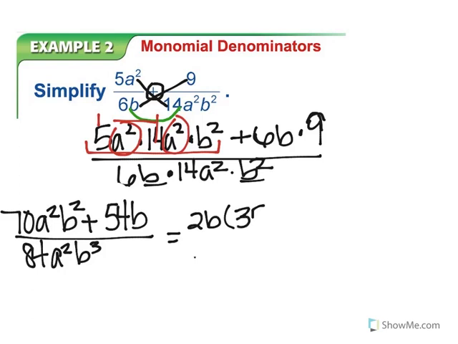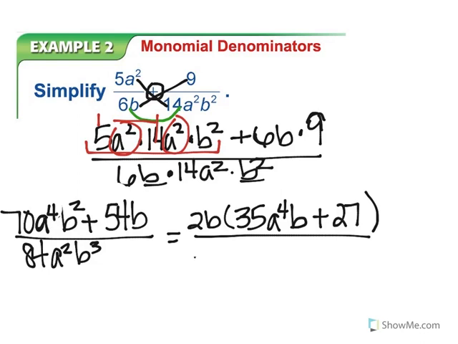That leaves me with 35a to the 4th, and 1b here, plus 54 divided by 2 is 27, and b divided by b is 1, and then we're going to divide by, and I can factor out a 2b on the bottom as well, so I'm left with 84 divided by 2 is 42. We have a squared, and then we are left with b squared.